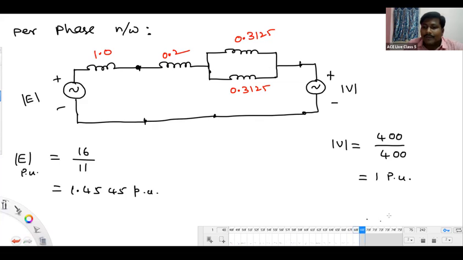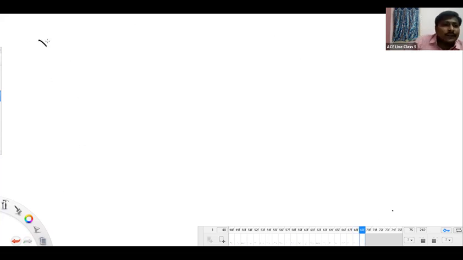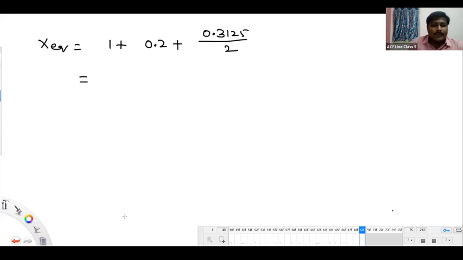So the equivalent transfer reactance of the network is 1 plus 0.2 plus 0.3125 by 2. How much is this number? Anybody, this reactance value? 1.35625 per unit.